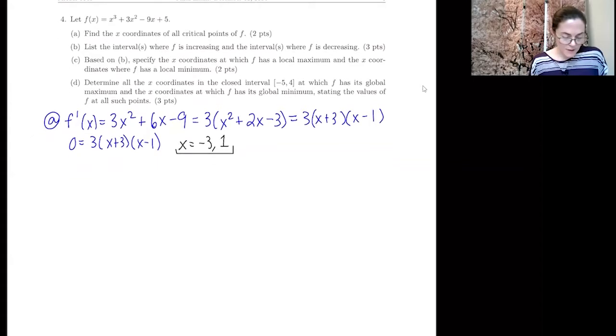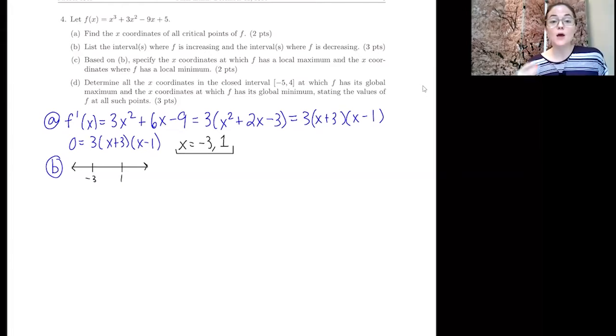Okay, intervals of increasing and decreasing. Remember, we discussed this in the lecture video. We divide the domain into intervals based on the critical points. So let's begin with a number line. Okay, and then we have two critical points, minus 3 and 1.